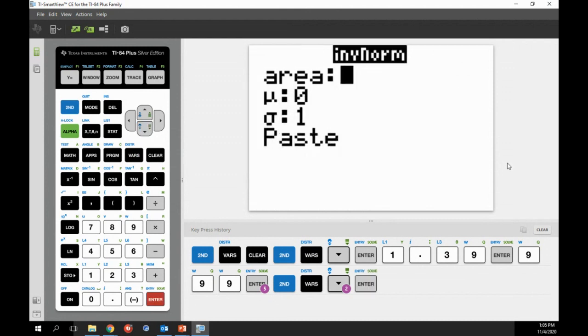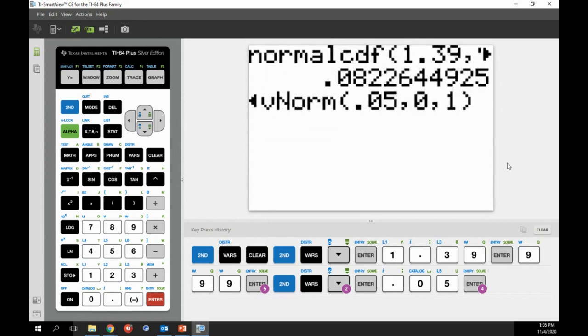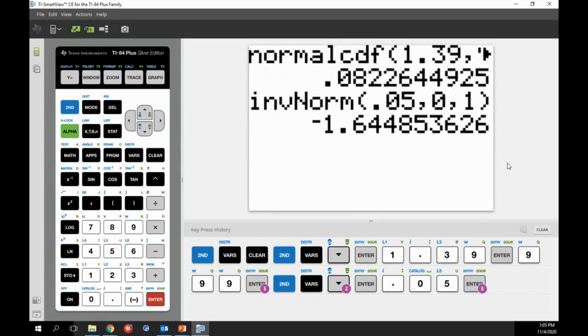Let's say we want the area to be 0.05. And y'all don't have to do this, you can. Let's say we want the area to be 0.05. Mu 0, sigma 1. Boom, negative 1.645. That number sounds familiar, doesn't it?